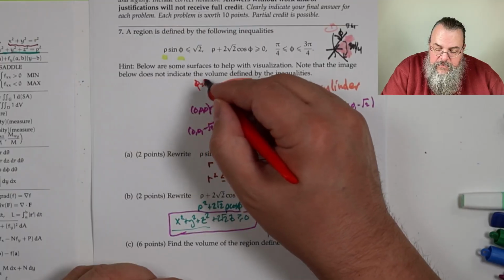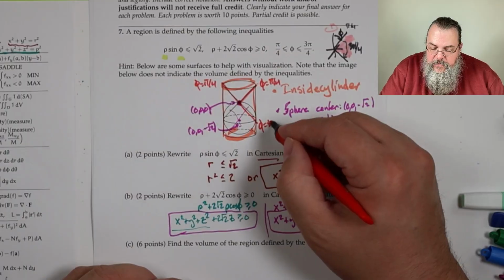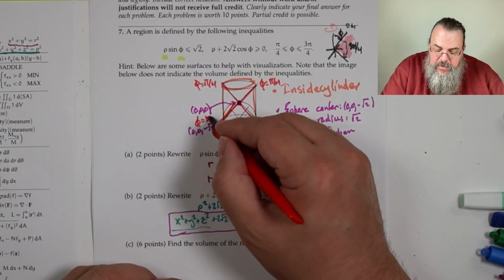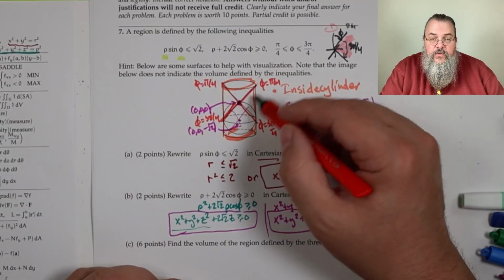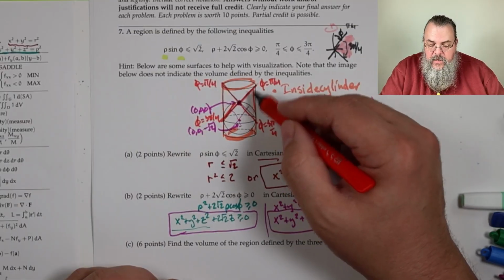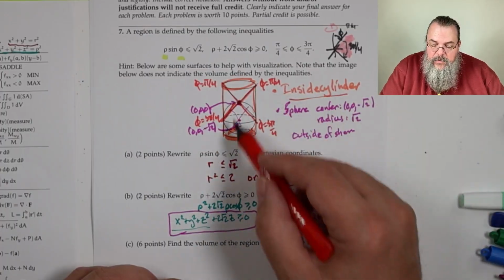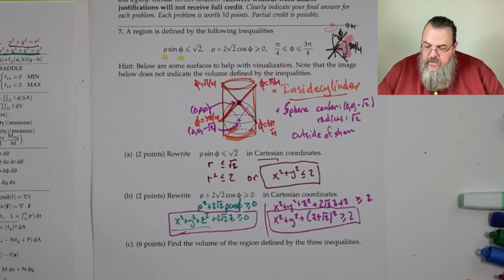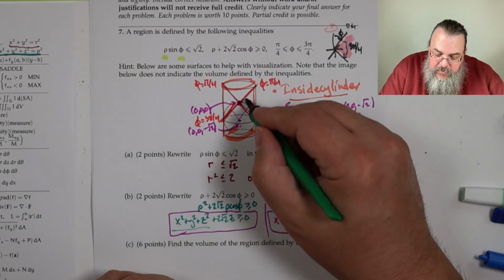This side down here is phi equals 3 pi fourths, and this side too. We have to be in between these two rays, we have to stay inside the cylinder, and we can't be in the sphere. So what region are we getting? We're getting this part right here.